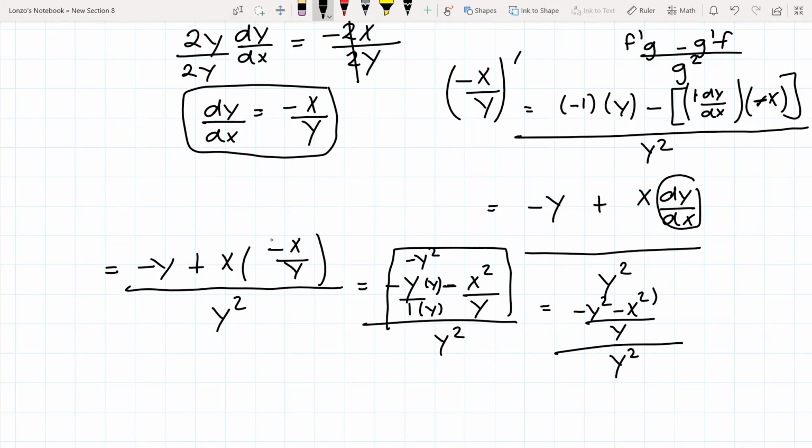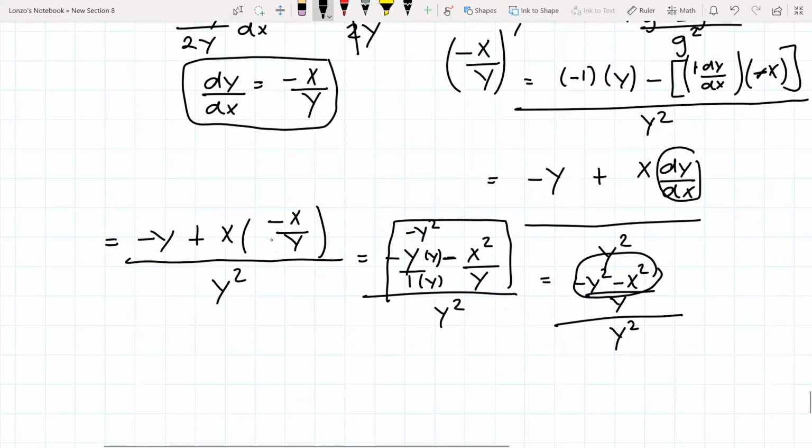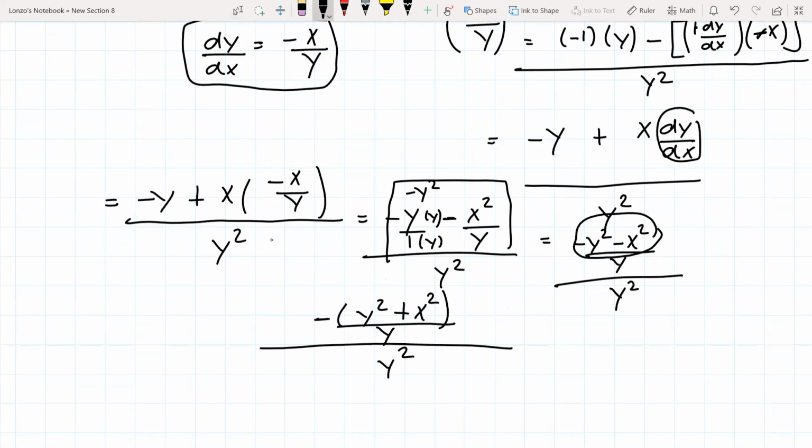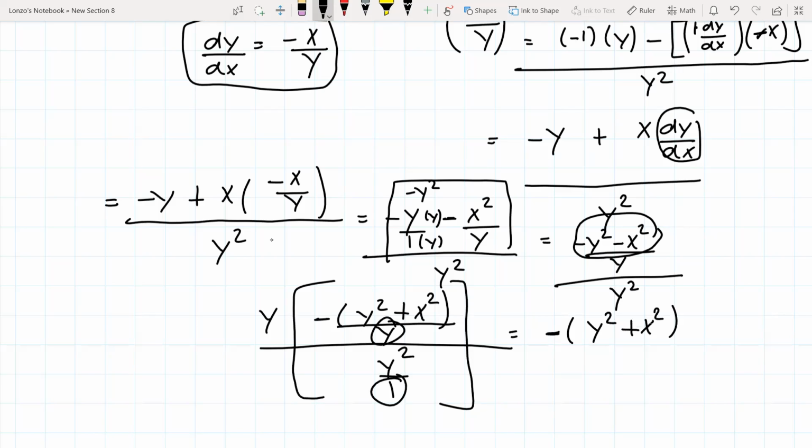And I guess over here you could factor out a minus 1, so it's minus 1 times y squared plus x squared all over y squared. If you do the bracket method, you have a 1 here, a y there, so the common denominator would be y. So that would be negative y squared plus x squared over y cubed.